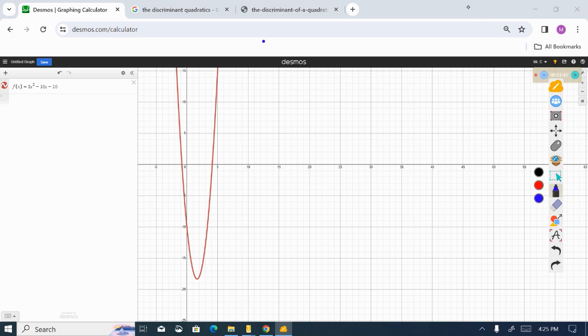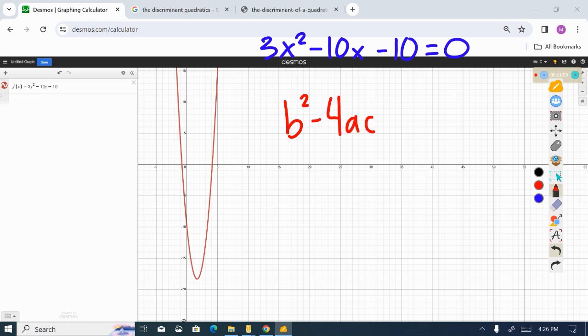So if we were to look at the equation 3x squared minus 10x minus 10 equals 0, this does have solutions, okay? And to be able to tell without plugging in the whole formula, we could do the calculation of just figuring out what the discriminant is, right?